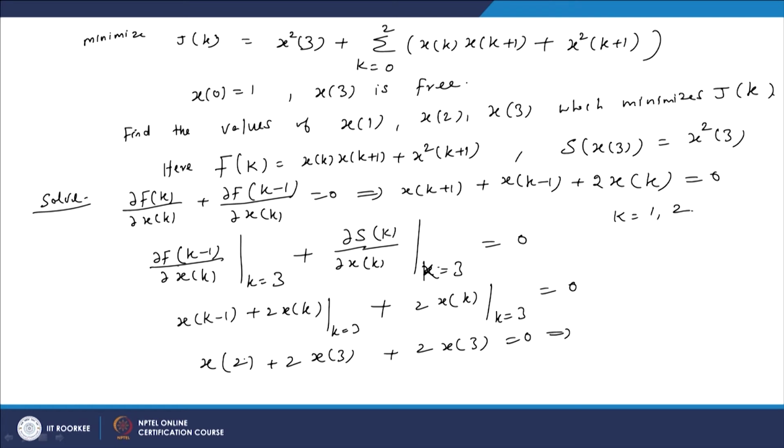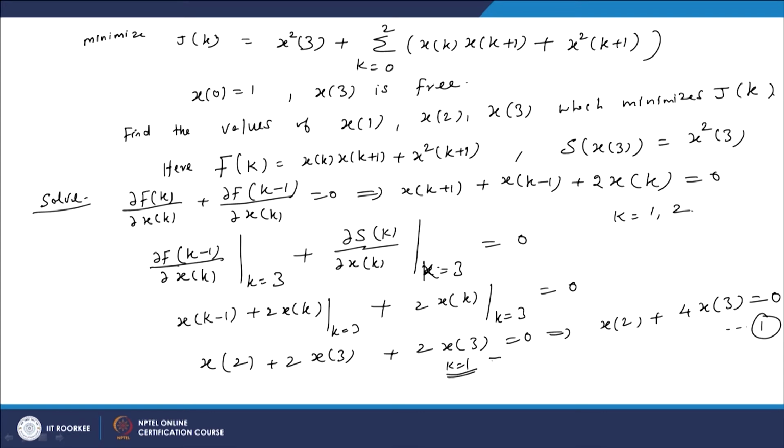So, this implies x of 2 plus 4 times x of 3 equal to 0. So, this is one equation we get. Other equations are from here. When we put k is equal to 1 in this expression, we will get x of 2, the first one.